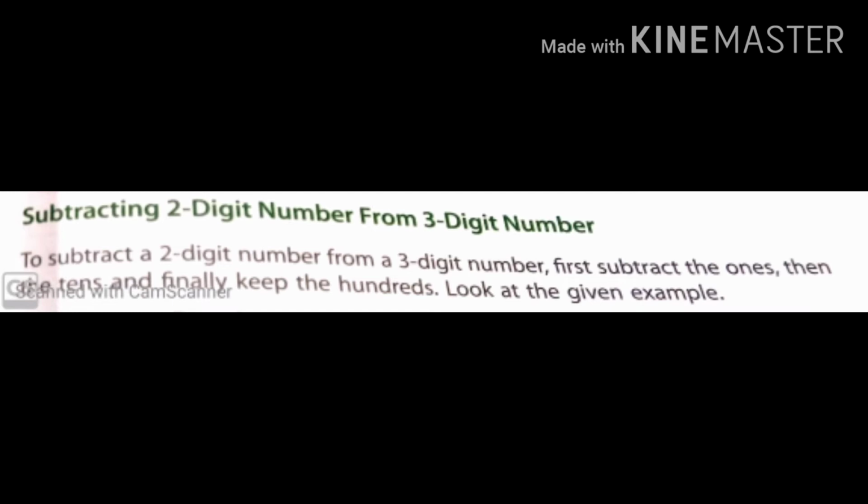To subtract a 2-digit number from a 3-digit number, first subtract the ones column, then subtract the tens column, and finally keep the hundreds digit as it is. Now look at the given examples.